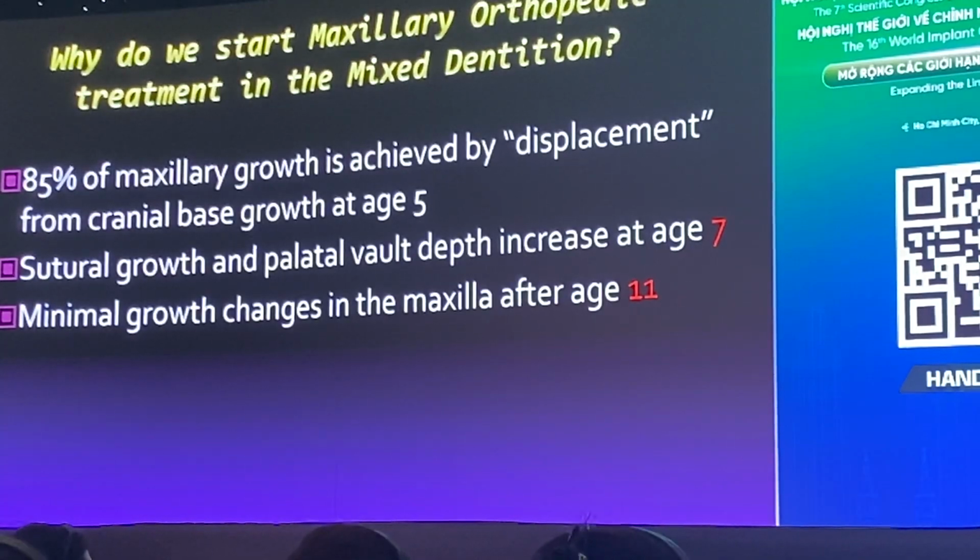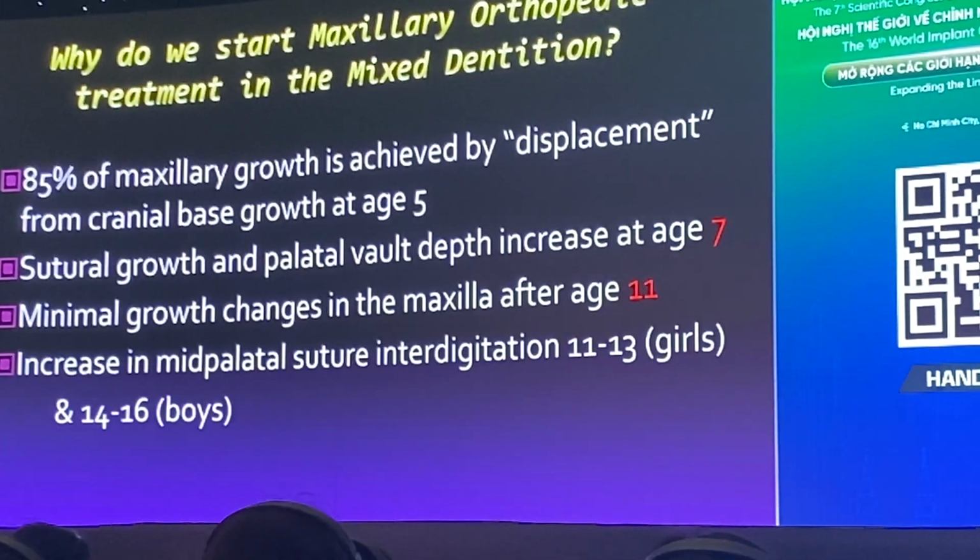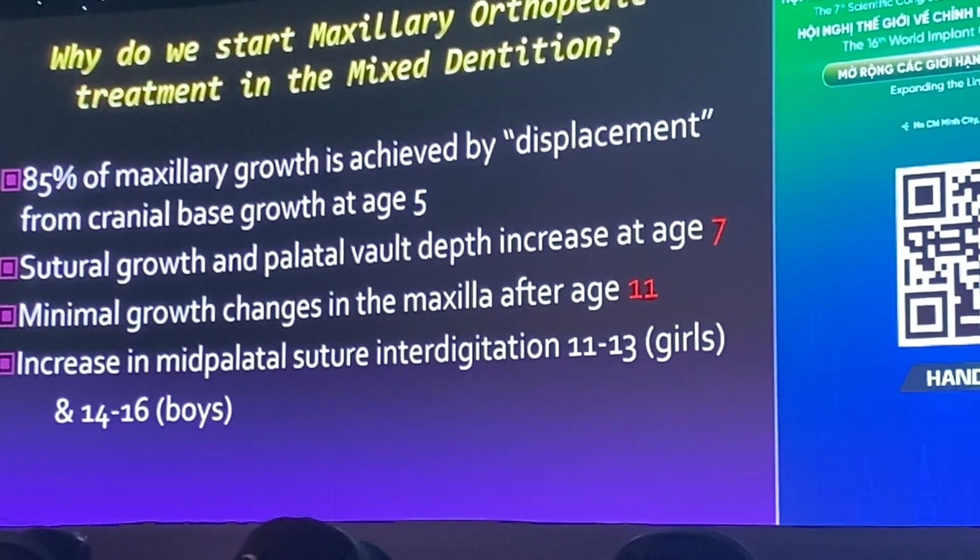Between 7 and 11, you have active maxillary sutural remodeling. And you also understand that by 13 years old, you will have to use some sort of micro implant to help out because the sutures are getting much harder to separate.